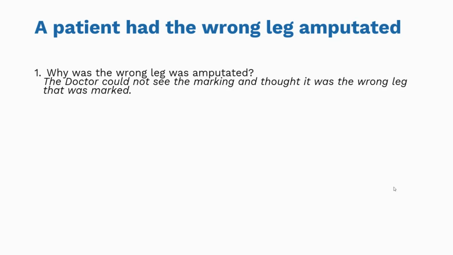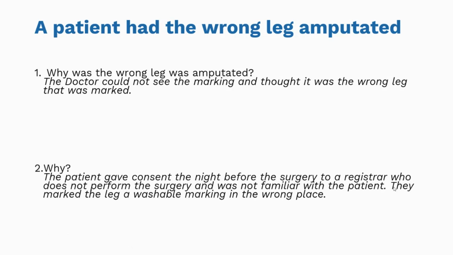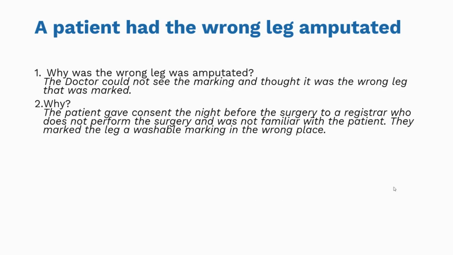So if the doctor did not see the marking on the leg, then why was that marking not clear, or why didn't he know? The patient usually gives consent before the night of surgery, or a little while before surgery. So when they mark the leg for operation, maybe the marking was disturbed by washing or something. That could be one reason.